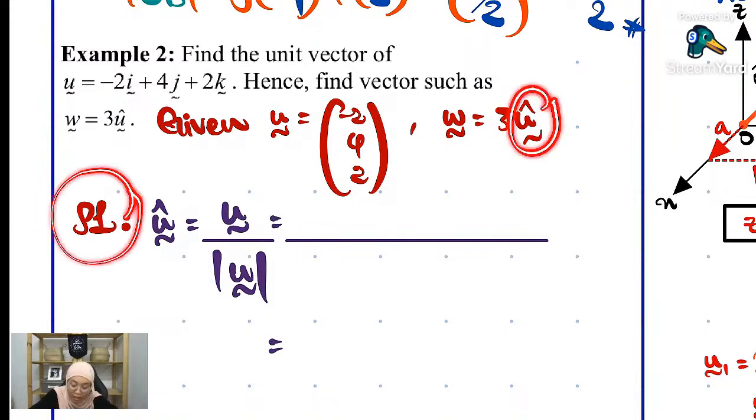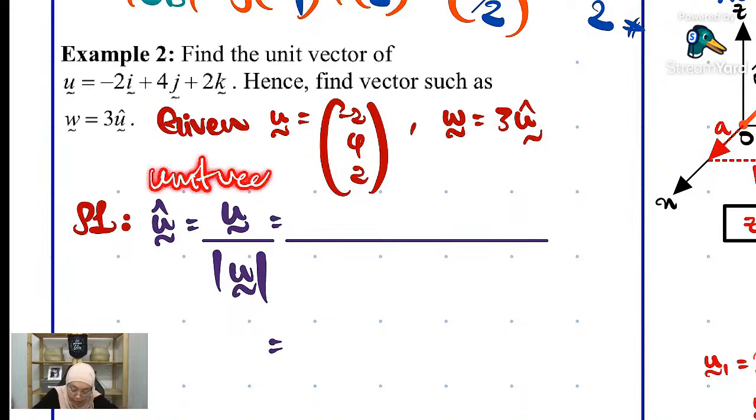So actually our first step is supposed to be finding the unit vector of U. That's why my first step is finding my U hat. It's easier, later we just multiply by 3.